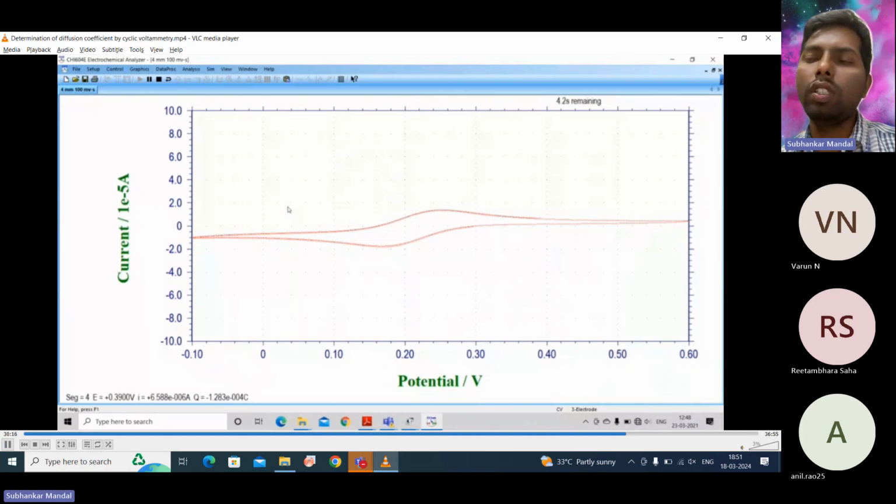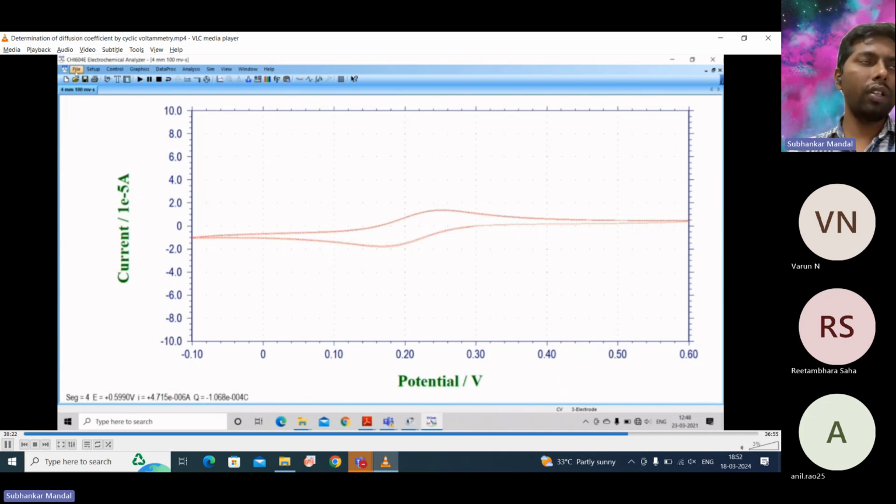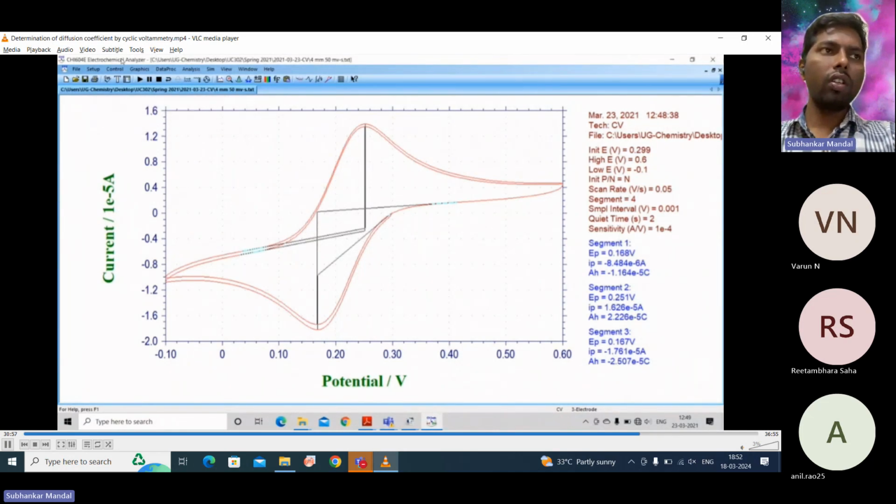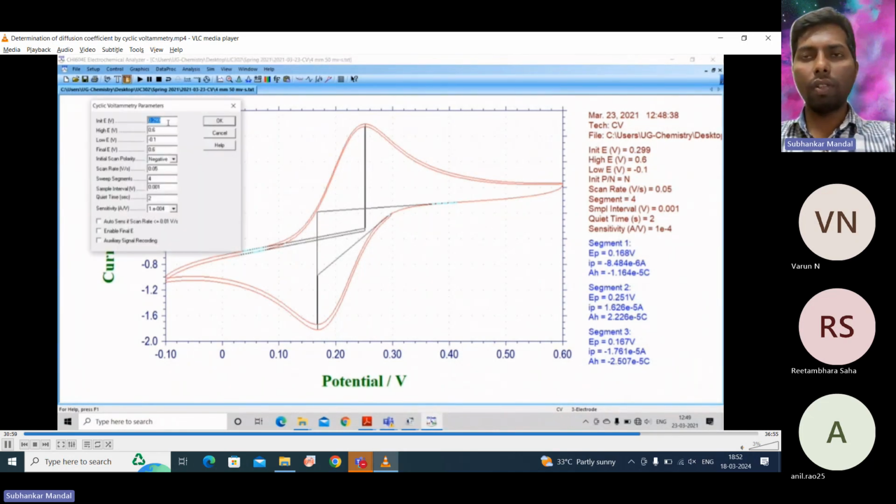From here, as I have told, you can get different types of information, such as the redox position. You can see nice redox capability is there.